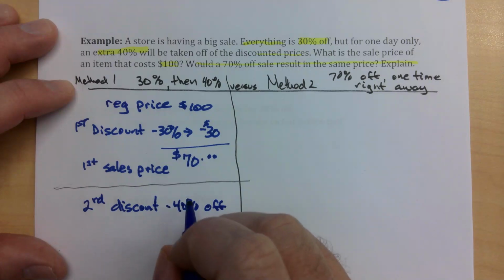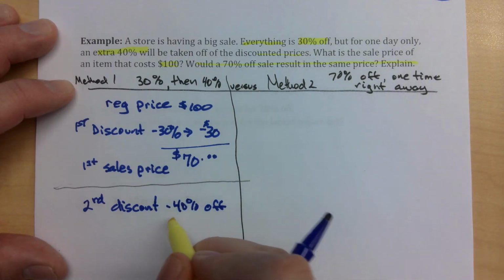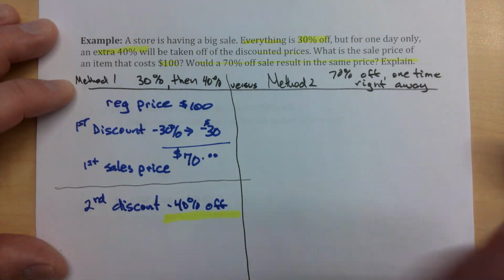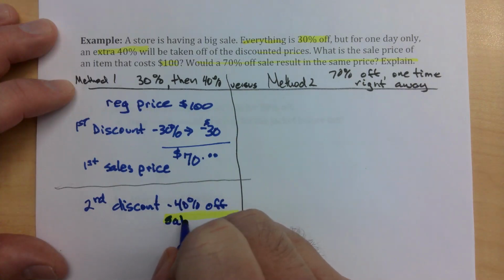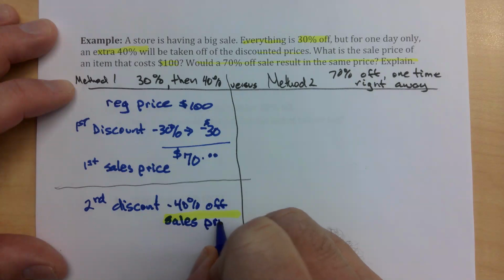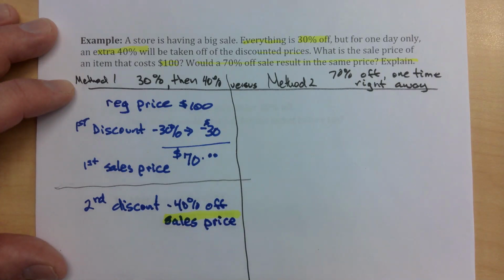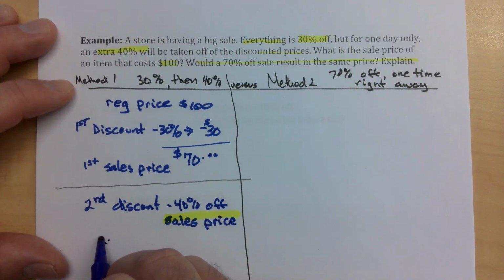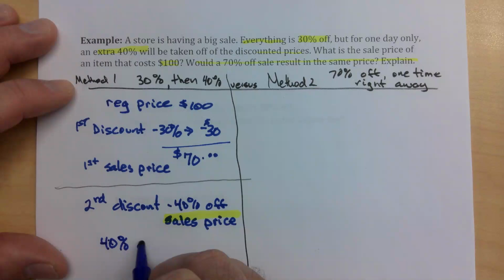Off the sales price, not the regular price, and that's going to end up being the difference. So, what is 40% of 70? Not 100. That's what's going to make the difference here.